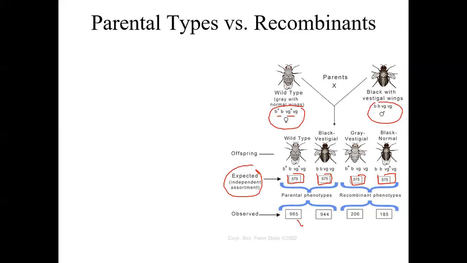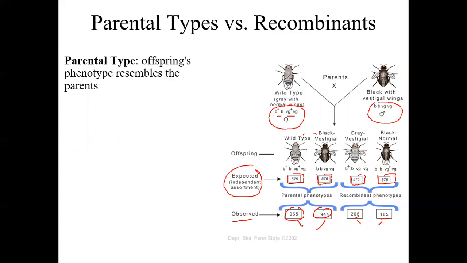But look at what actually happens: you get a really high number here. That was what you expected according to your Punnett square. But if you actually observed a really high percentage looking just like the parents, right? Because these two look just like the parents, wild type, and then black and vestigial. You get a really low number of a combination where you get gray vestigial, right? Because that didn't look like either of the parents, it was a combination, and then black and normal wing. None of the parents look like that. So these are going to be recombinant, and they're really, really low.